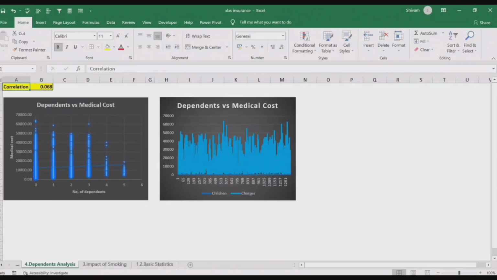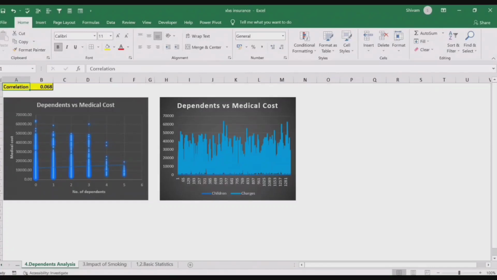From the value and the graph, we can clearly see that the correlation value is very weak but positive. The value is close to 0, suggesting that there is a minimal relationship between the variables. The trendline shows a slight upward slope, suggesting a slight tendency for medical charges to increase as the number of dependents grows.